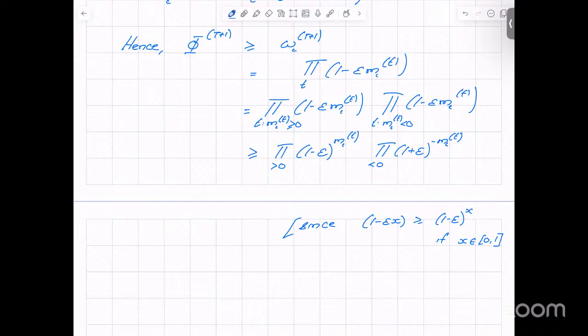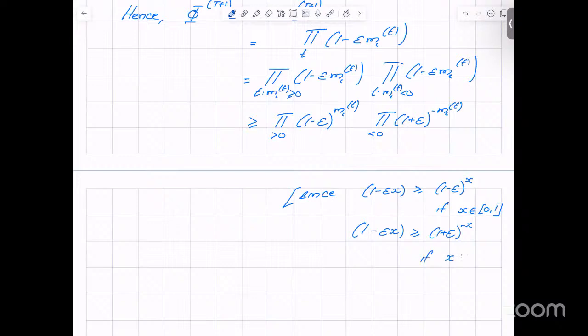Similarly, I'm stating 1 minus epsilon x is greater than or equal to 1 plus epsilon to the power minus x if x is in minus 1, 0. Epsilon is a number between 0 and half.